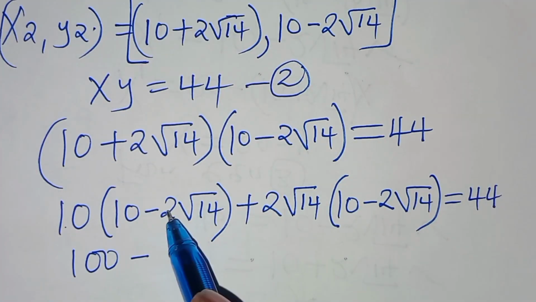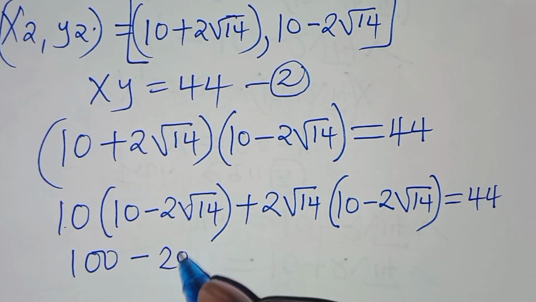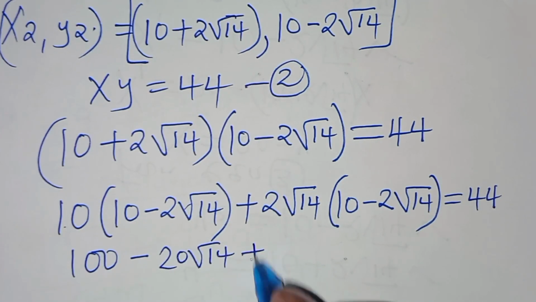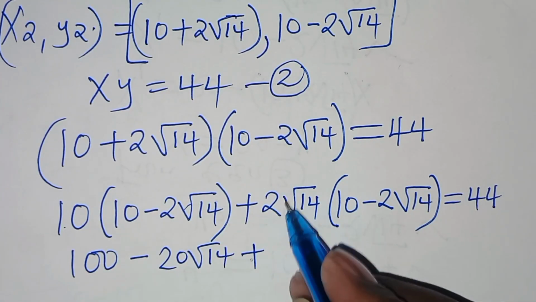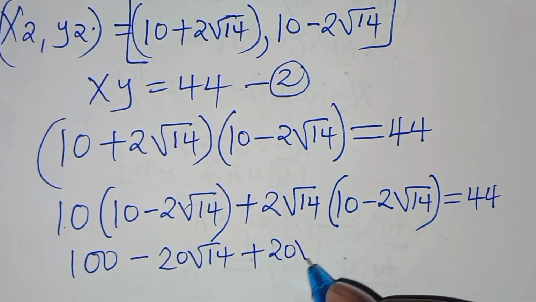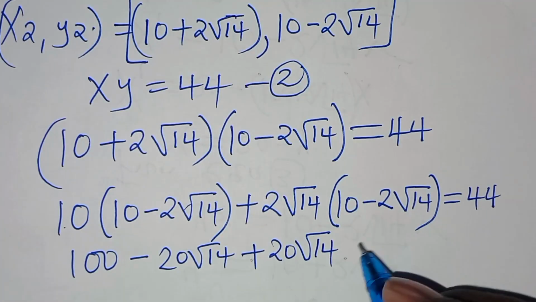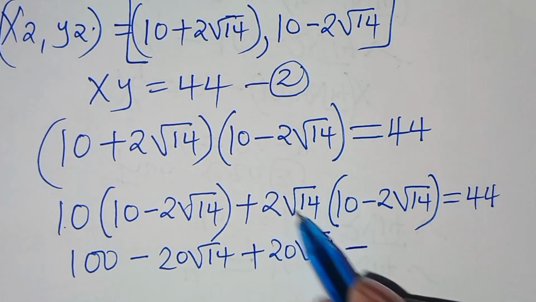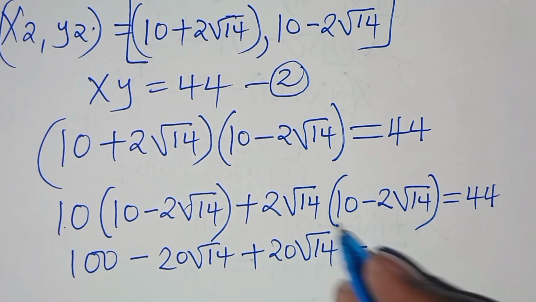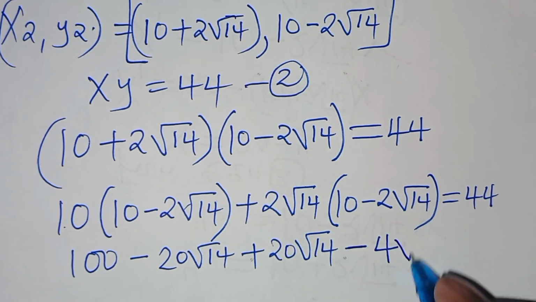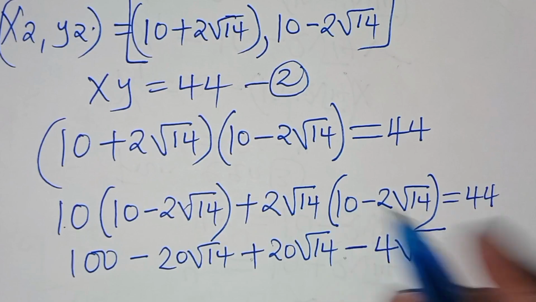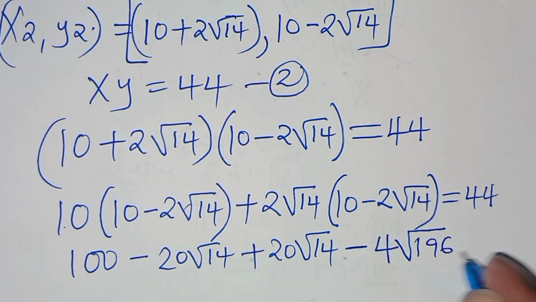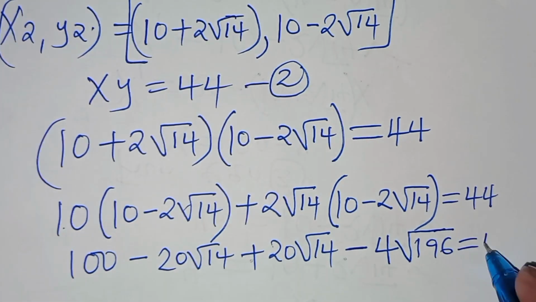Subtract 10 times minus 2 square root of 14, this is 20 square root of 14, plus, now 2 square root of 14 times 10, this is 20 square root of 14. Then here we'll have minus, now we have 2 square root of 14 times 2 square root of 14. This is 4 square root of 14 times 14, which is 196. This should give us a value of 44.